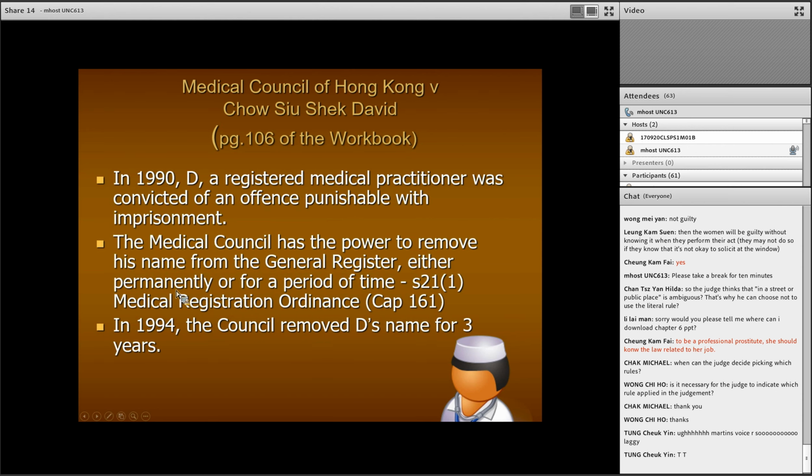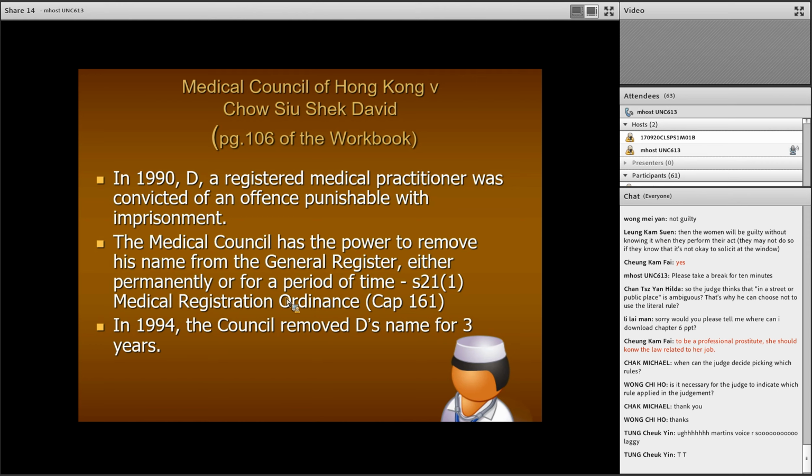Permanently means his name is removed forever, or for a period of time like one year, a few years or three years. It's something very common sense. Usually there is a disciplinary hearing, because the professional will be charged with professional misconduct when he is found guilty in a court.